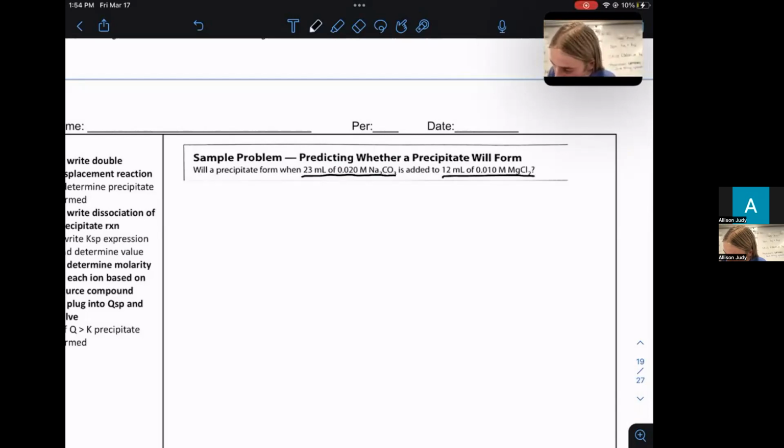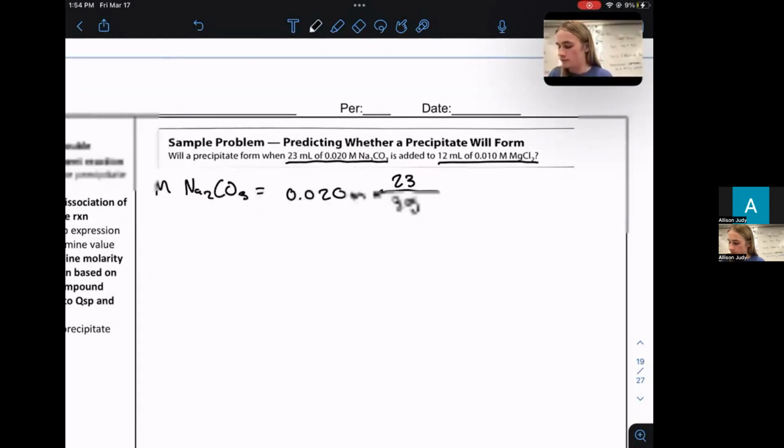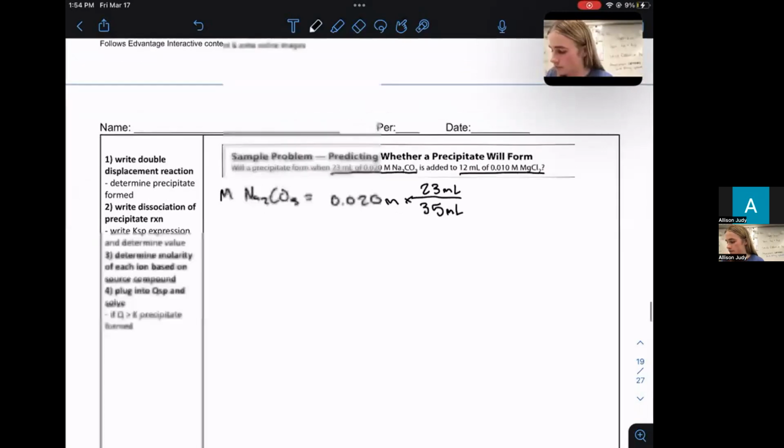So we're going to end up with a certain molarity of Na2CO3 that equals 0.020 molar times 23 milliliters out of the total, which is going to be 35. You're diluting it by this fraction, the number of milliliters of your solution over the number of milliliters of the total combined solution.